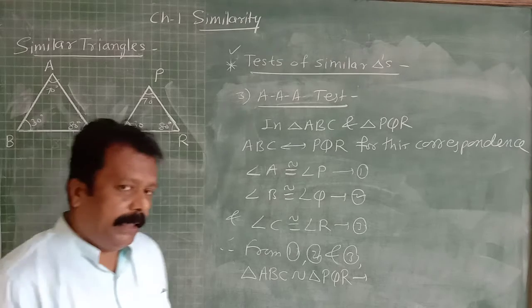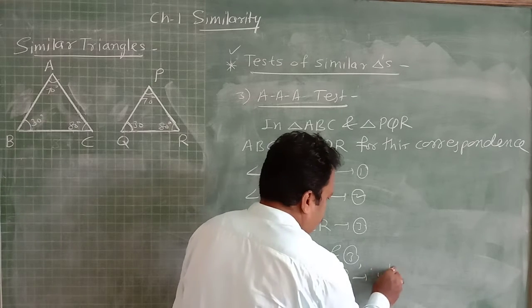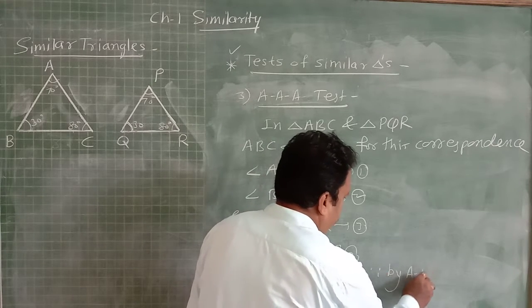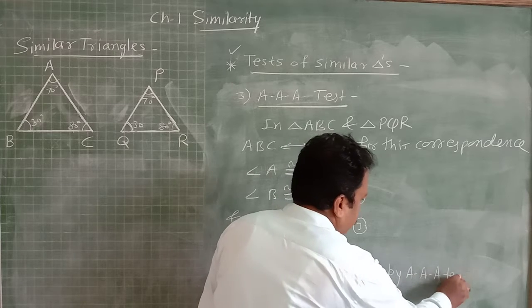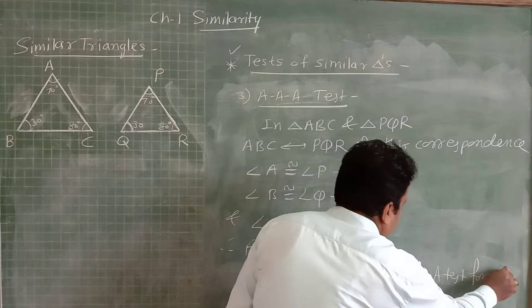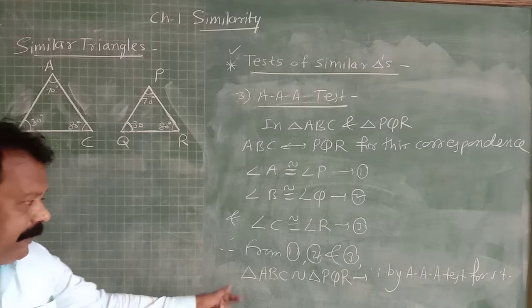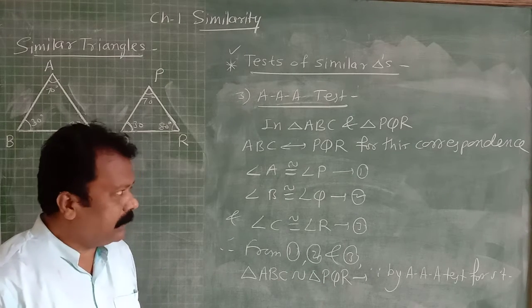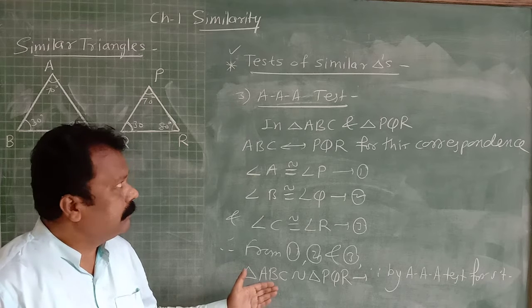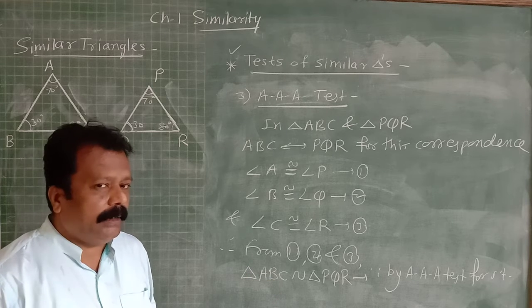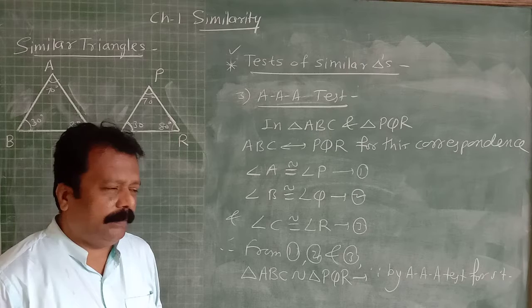By which test? AAA test for similar triangles. We can show it like this according to the test, this theoretical idea. And now the remaining parts are automatically congruent or proportional.